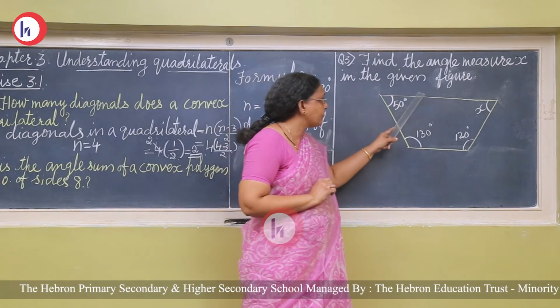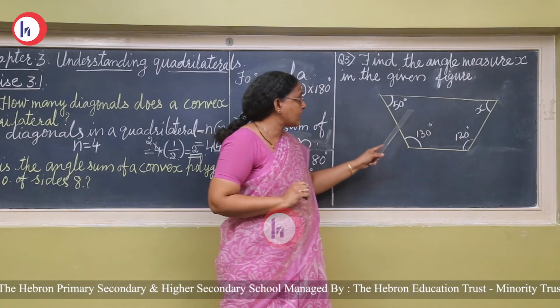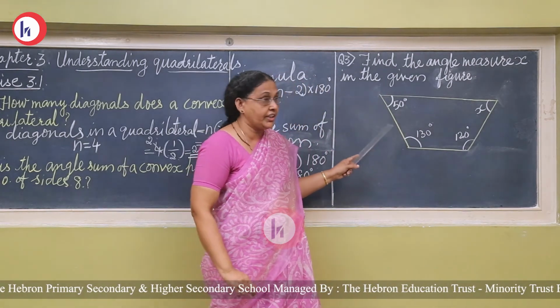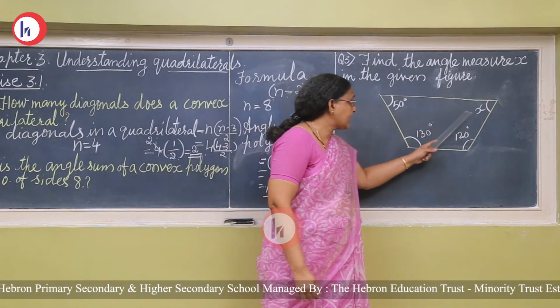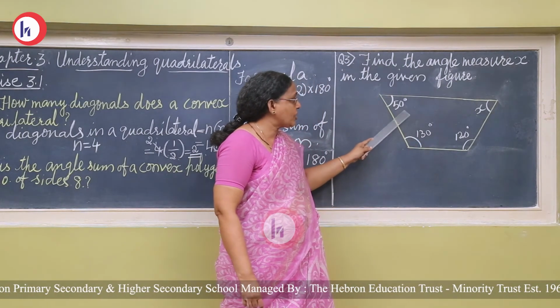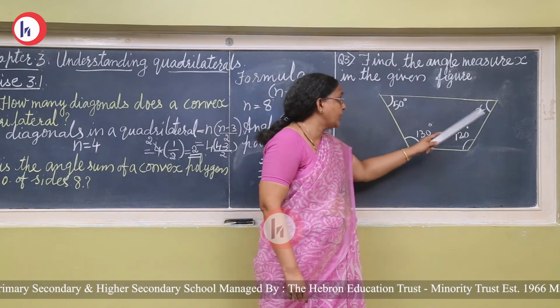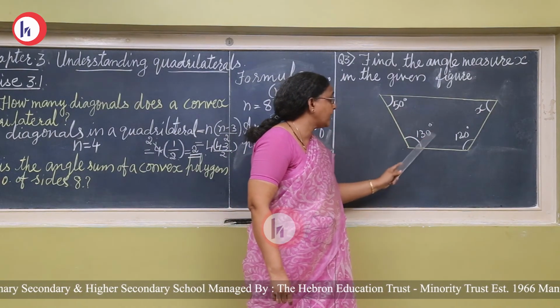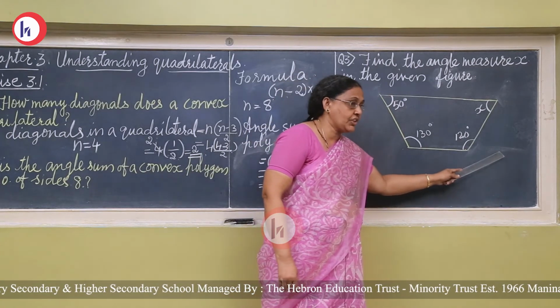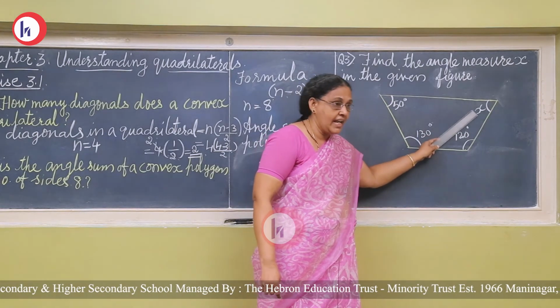Because it has 4 sides, 1, 2, 3, 4. Then the interior angle sum we learned is 360 degree. So x can be found from this. After adding all the measures of the interior angles, that will be equal to 360 degree. X plus 50 plus 130 plus 120 is equal to 360 degree. From that we can find the measure of angle X.